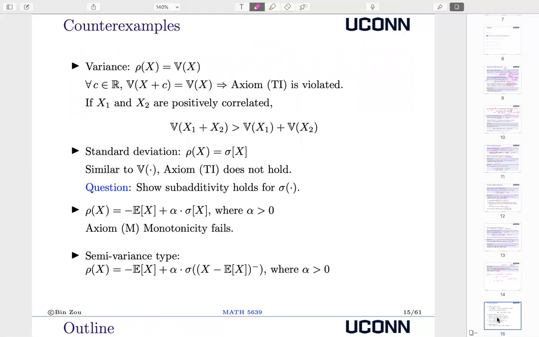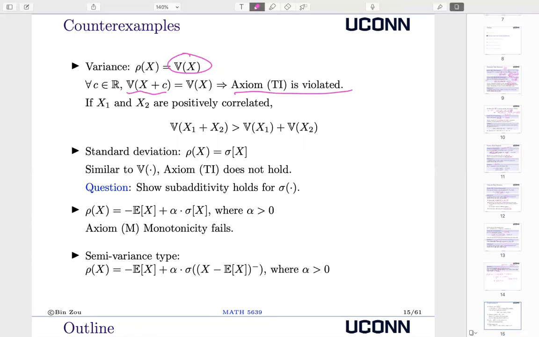We have more counter examples. For instance, let's say we have variance as the risk measure. Again, translation invariance is violated because if you add a constant to a random variable, the variance is the same. So it does not satisfy translation invariance. So variance as a risk measure is not coherent, and sometimes we tend to think coherent is a good thing.